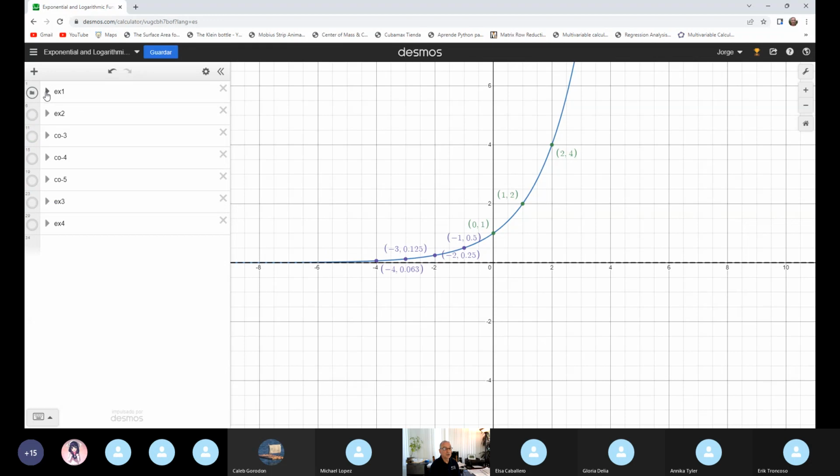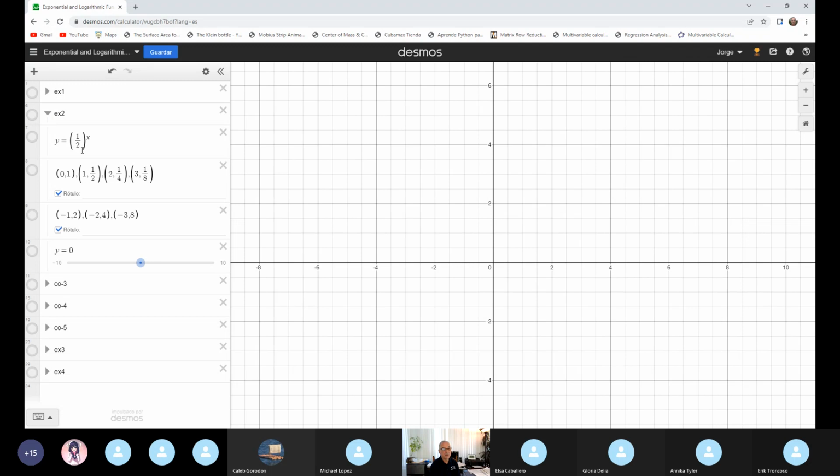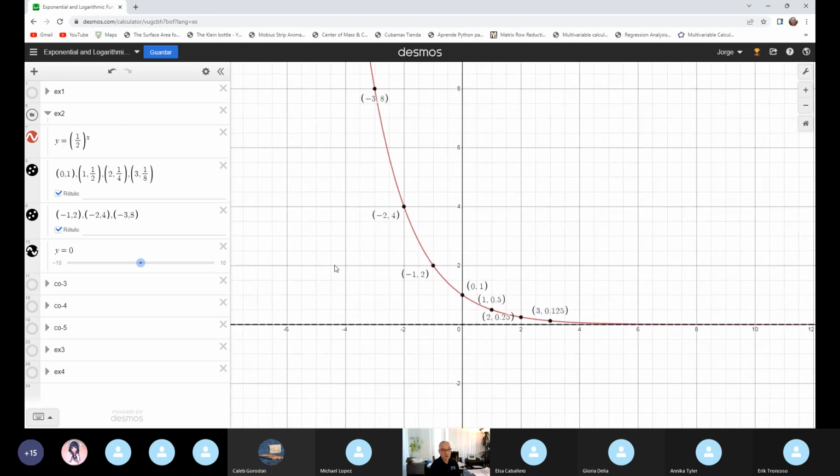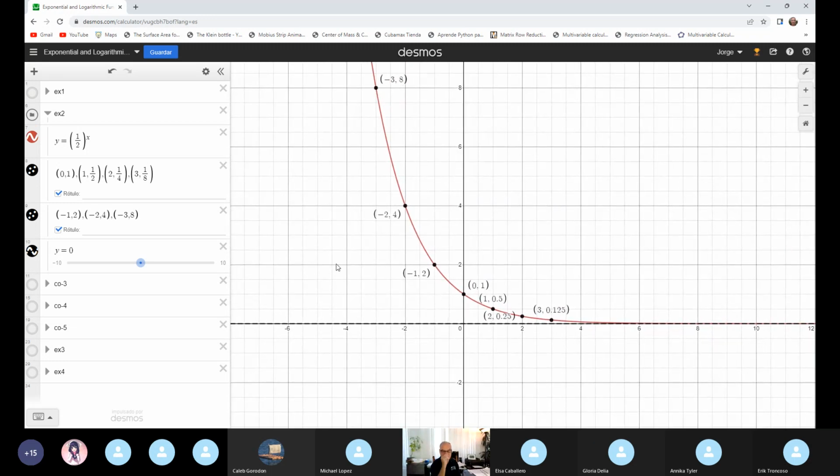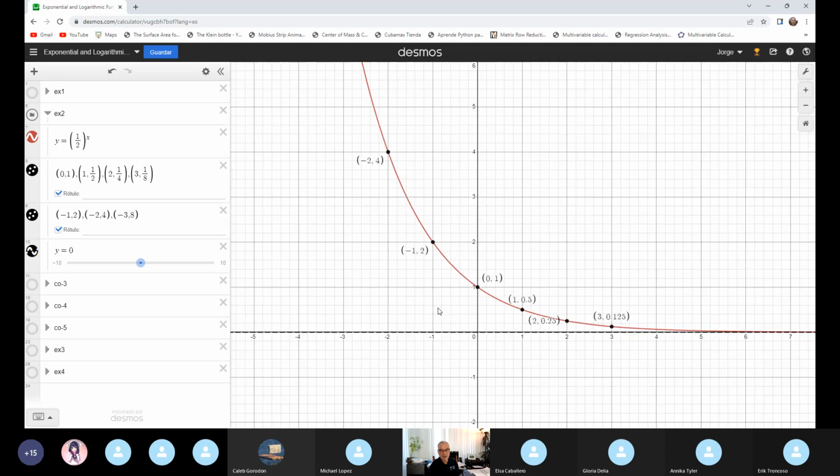Now, suppose exponential decay, suppose 1/2. Oh, the base is 1/2 now. So I predict that it is exponential decay. Boom, look at that. And it makes sense. Yes. I want to explain why when I come back. But let me finish this. We have, again, the same universal point (0,1). But in the positive direction, 1 is 1/2, and 2 is 1/4, and 3 is 1/8.